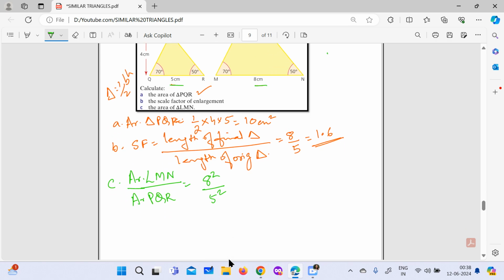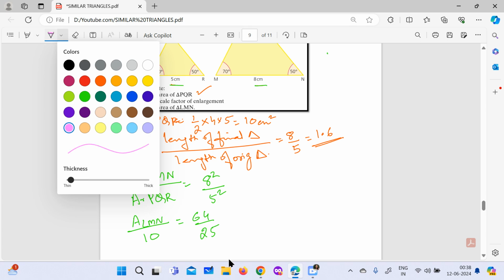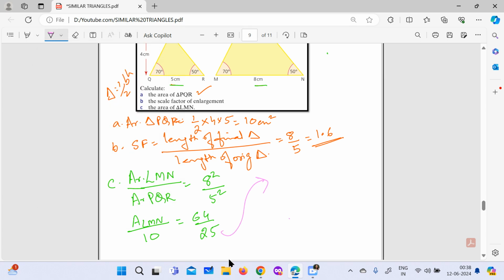Now let's write other values. So we are looking for area of LMN. So let me write it this way. Area of PQR is 10, so 10 over area of LMN is equal to 64 over 25. And now we can solve it here. So 25 times area of LMN equals 64 times 10, and then area of LMN equals 64 times 10 over 25.